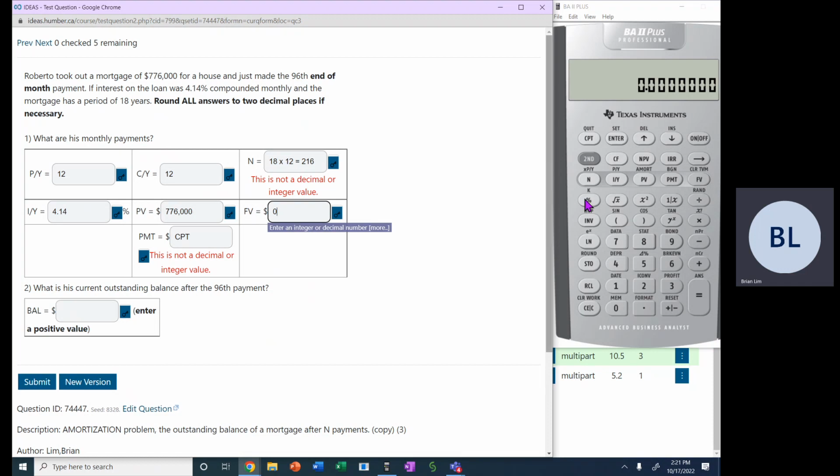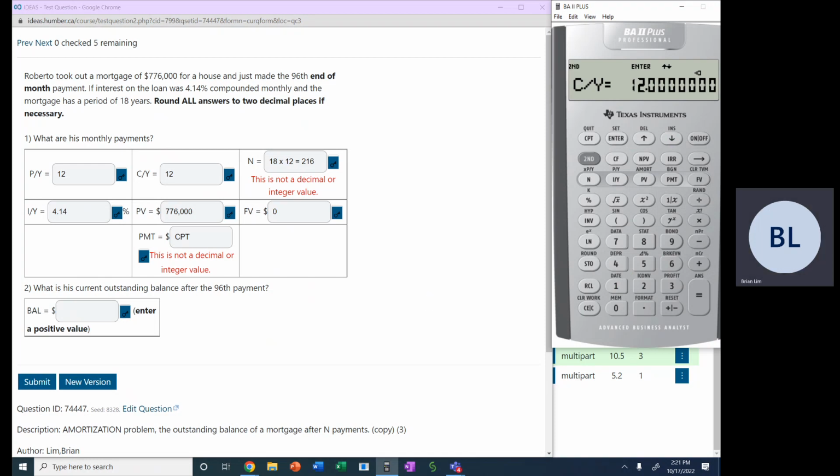Now we can do our calculation. It's an end of month payment, so we don't need to put the calculator into begin mode. It is by default in the end mode. Let's enter the PY value of 12, and CY is also 12.